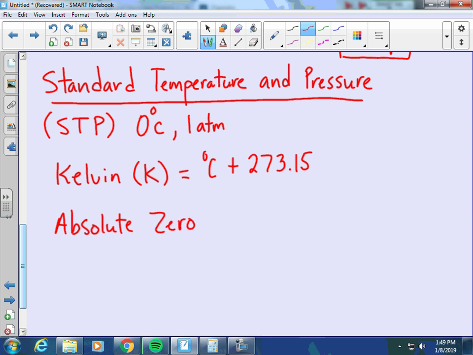And that temperature is actually negative 273.15 degrees Celsius. That's where the particles should theoretically stop moving altogether and not have any energy. Coldest possible temperature you can have.